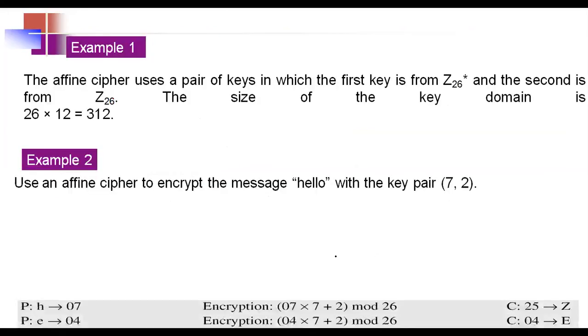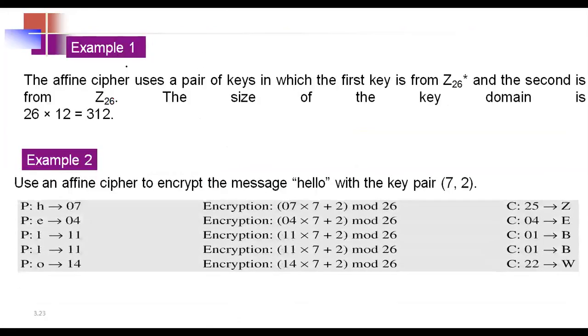Example: the affine cipher uses a pair of keys in which the first key is from Z26 star and the second key is from Z26. That means for the adding key value of the additive cipher, the integer is any integer from 0 to 26. For the multiplying key value, it should be in Z26 star.